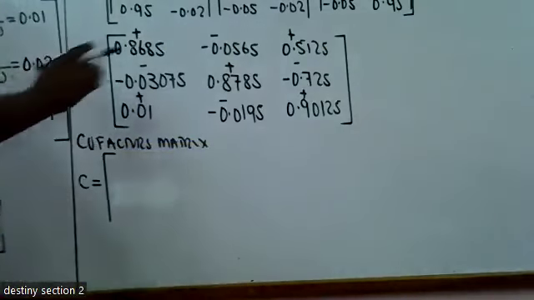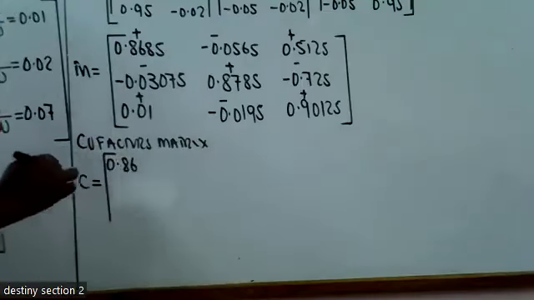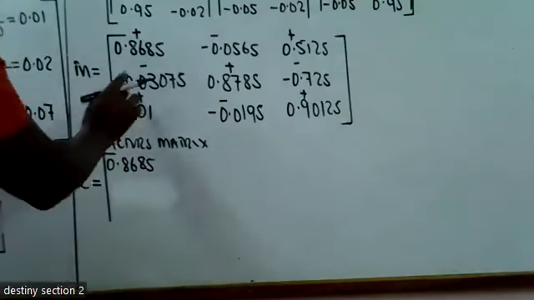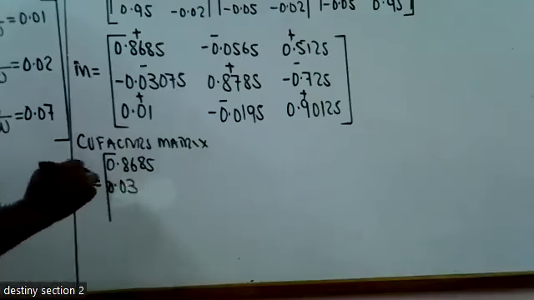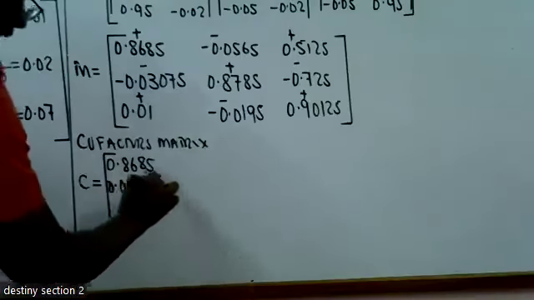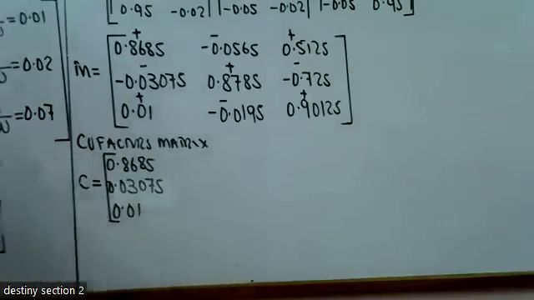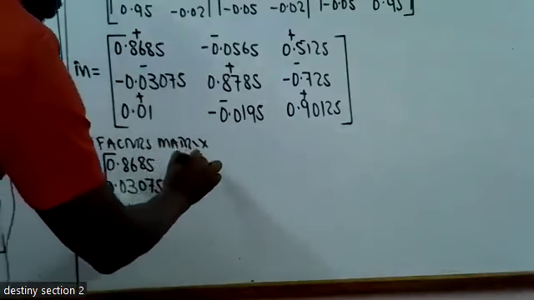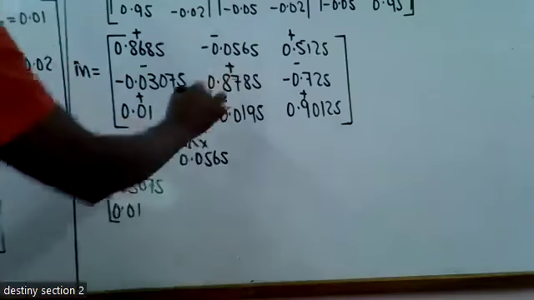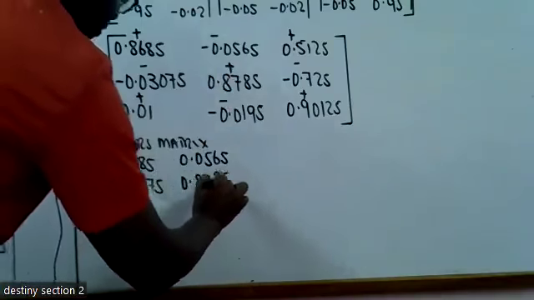Now, when you multiply this positive times this positive, unabaki na 0.68685. When you multiply this one, unabaki na 0.03075. Na hii ingine unabaki na 0.01. When you multiply. Ukikuta hapa, hii negative inapotea, unaachiwa 0.0565. Hii inabaki 0.8785.